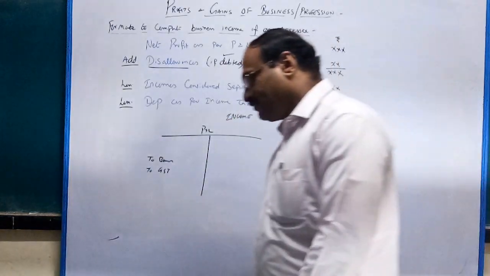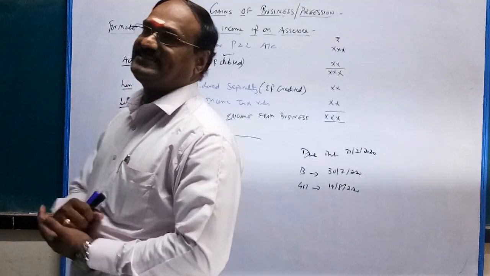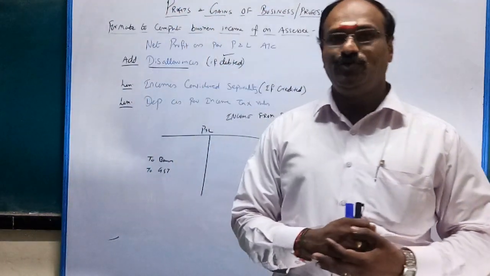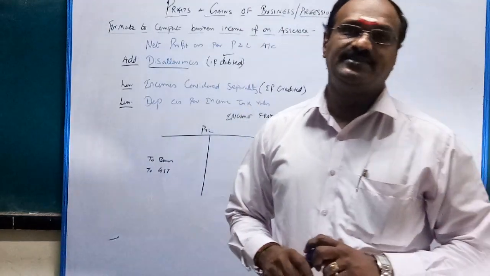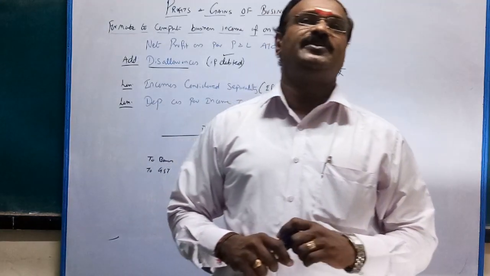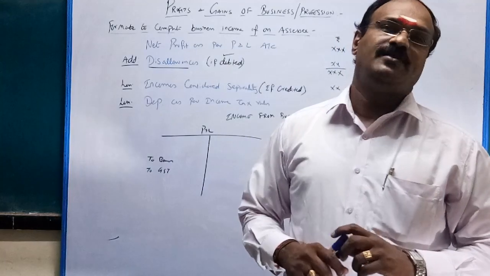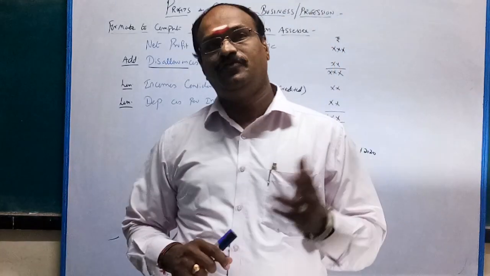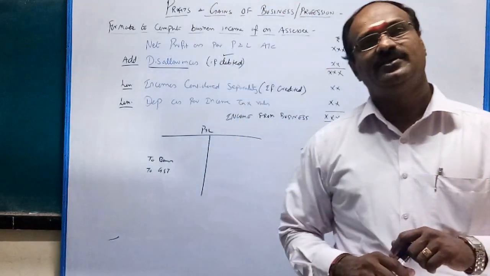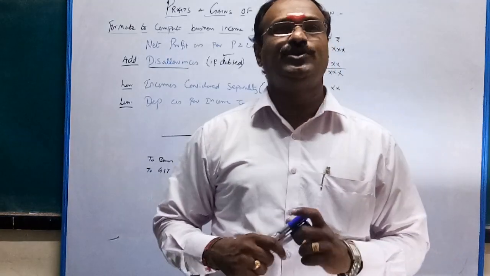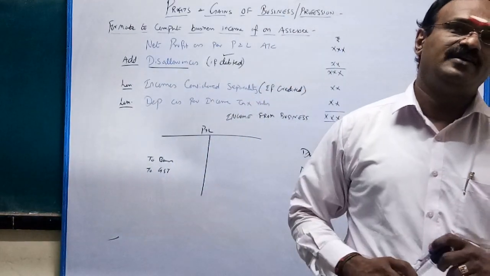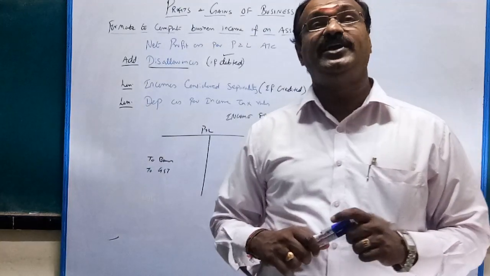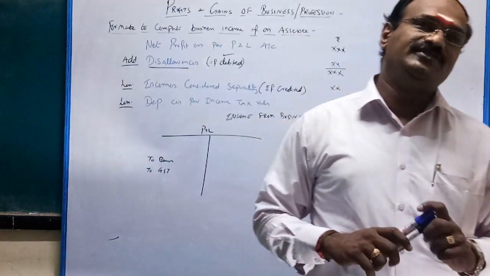The only interesting point is, suppose an asset is purchased and put to use for less than 180 days, then 50% of normal depreciation you can claim. For example, if you purchase machinery of 2 lakhs, say 15% depreciation, 2 lakhs into 15%, 30,000 you can claim as per income tax. However, if you put it to use for less than 180 days, you cannot claim 30,000.